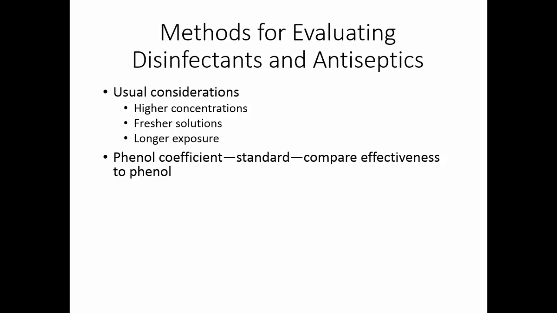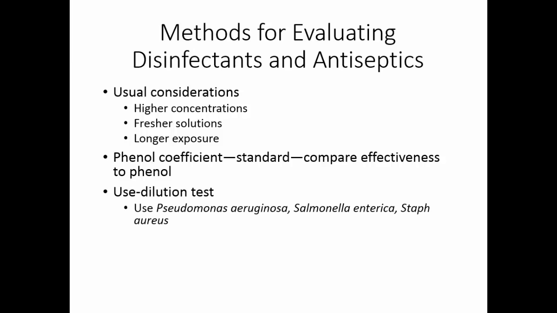A phenol coefficient of 1 would mean it's just as effective as phenol. A phenol coefficient of 2 would mean it's twice as effective, and a phenol coefficient of 0.5 would mean it's half as effective. The use dilution test uses 3 organisms, Pseudomonas aeruginosa, Salmonella enterica, and Staph aureus.